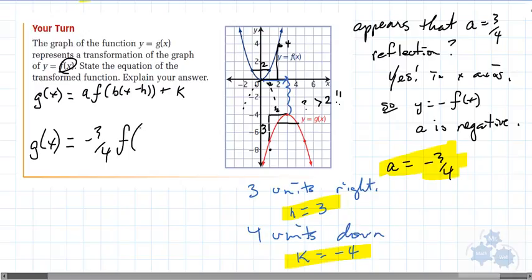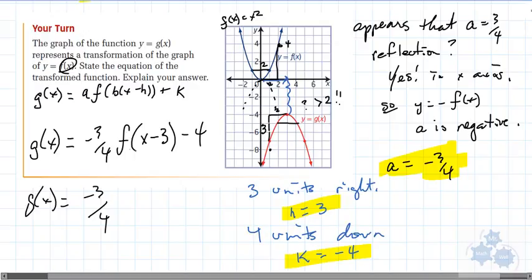But I've got f of x minus 3, so h is 3, and then minus 4. Now if you want to check, f of x is actually x squared. So g of x would look like this: x minus 3 squared minus 4.